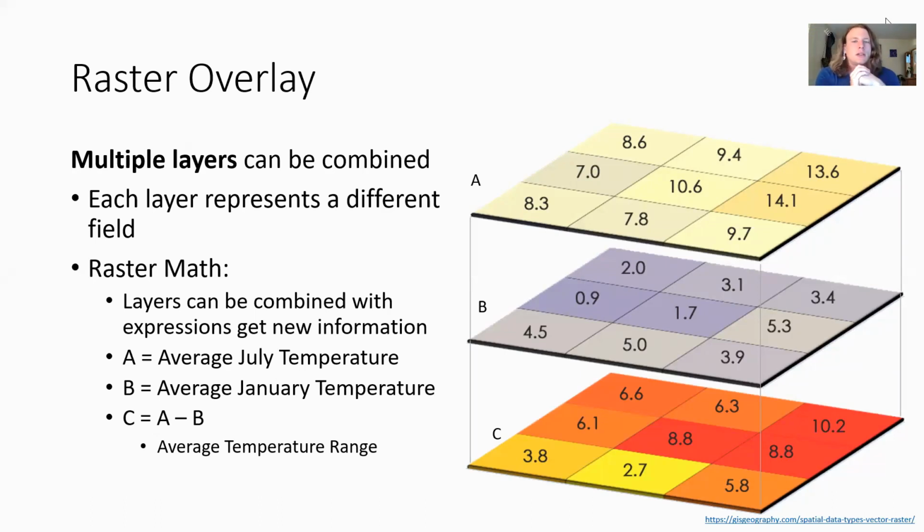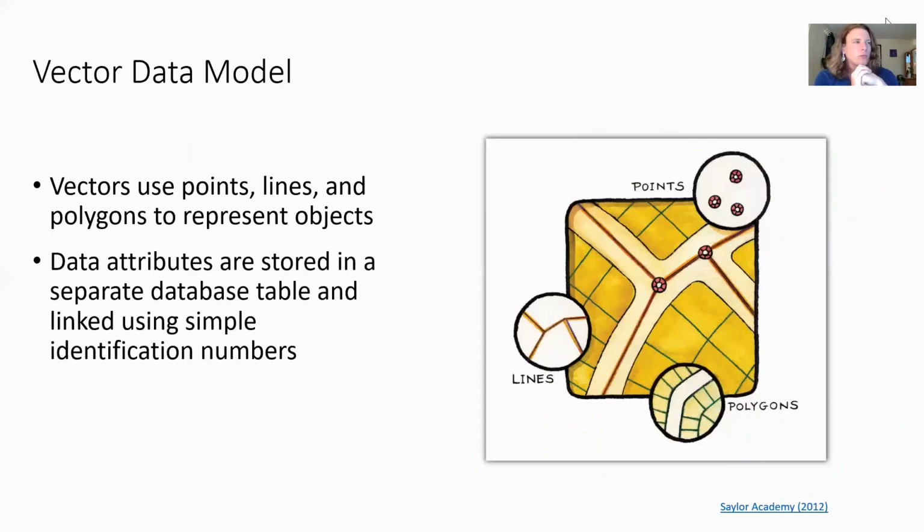So if the average July temperature in a single cell in A is 8.3, like in the one on the left, and then the average January temperature is 4.5, then you can do the math and you get 3.8. And so this is a pretty computationally efficient, easy way to do math with spatial data layers. And we'll talk more about raster overlay methods later on in the semester.